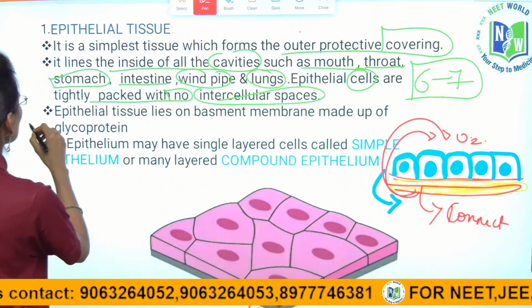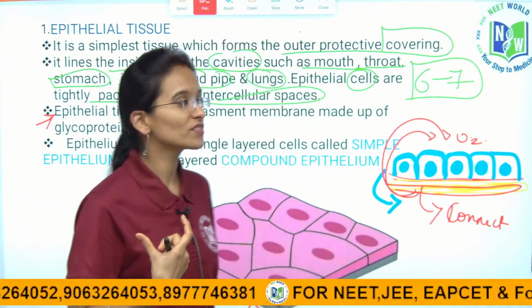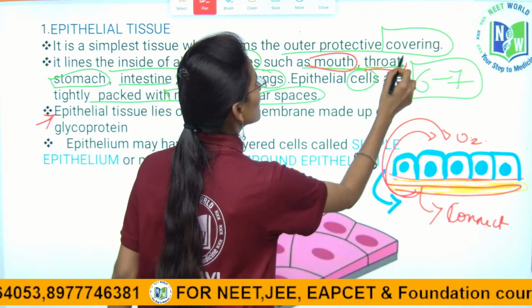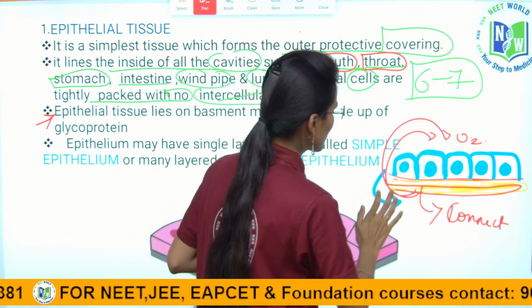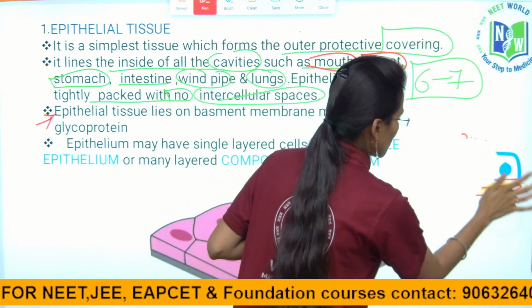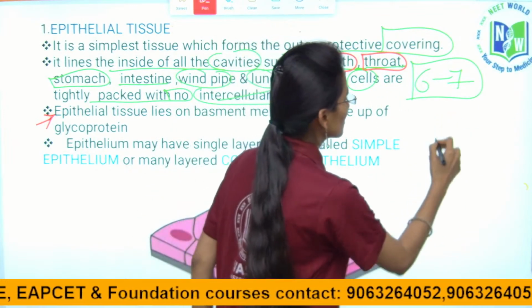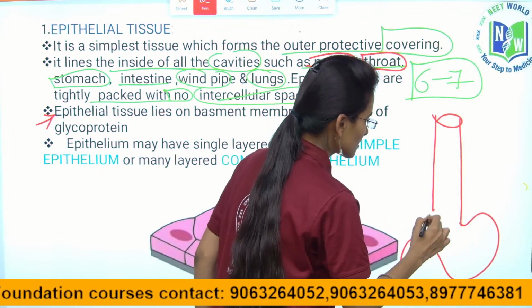Yes. Where can we find it? Please always focus on the locations of the tissue. We can find this epithelial tissue in the mouth, the throat, and the lining of the esophagus. Lining of the esophagus, in the sense, there is a difference between covering and lining. Suppose this is the esophagus and next it is the stomach.